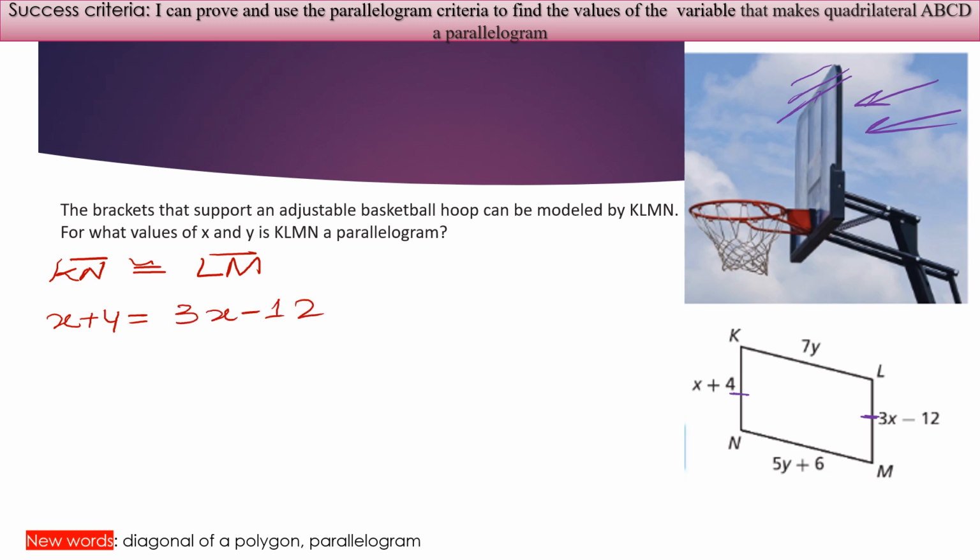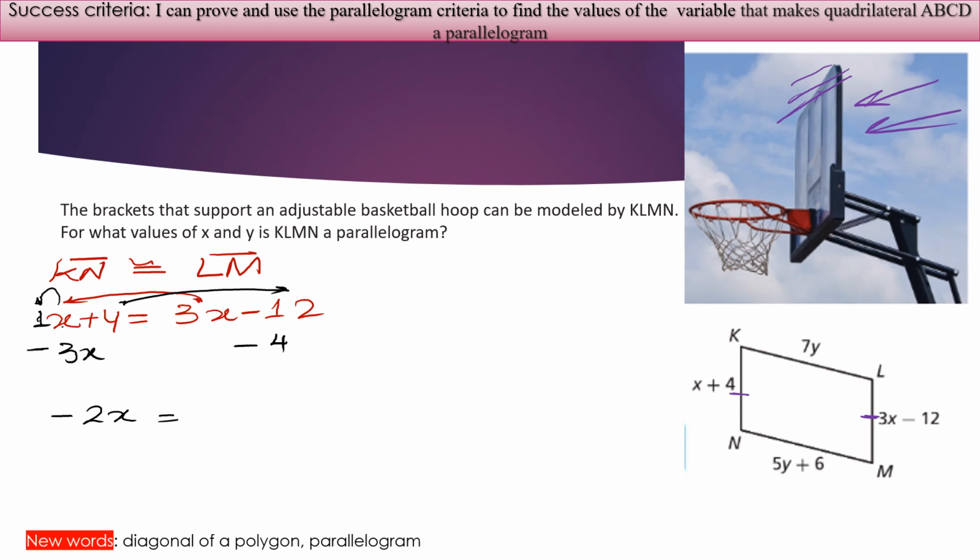Now solve for x. Bring the 3x to the other side, so you will get negative 3x. Bring the plus 4 to the other side, you will get negative 4. Now x has no number, which means 1. 1 minus 3x gives me negative 2x.